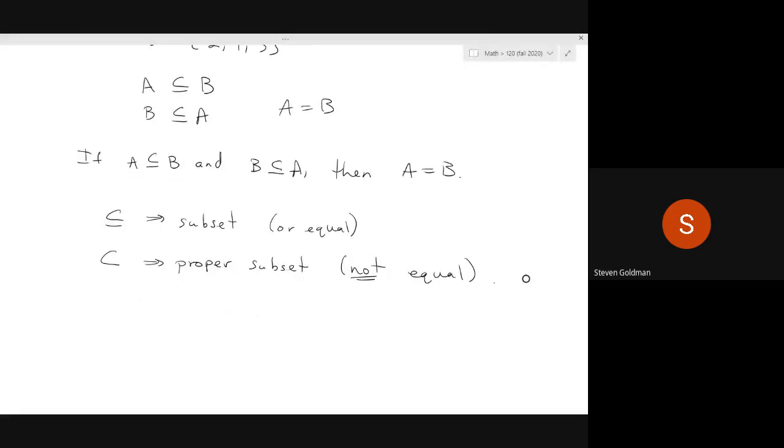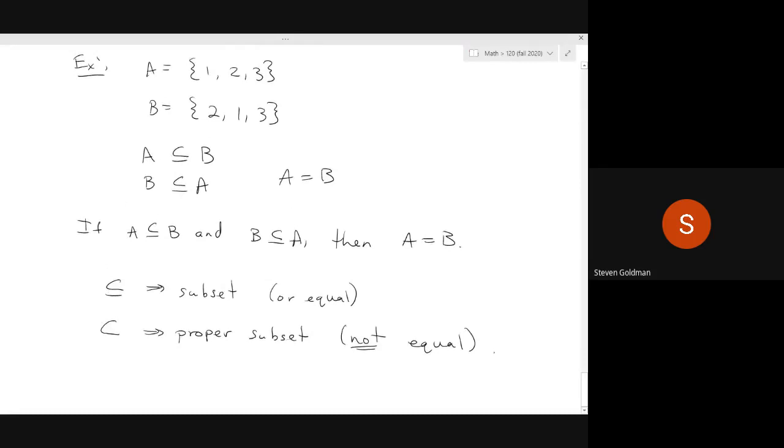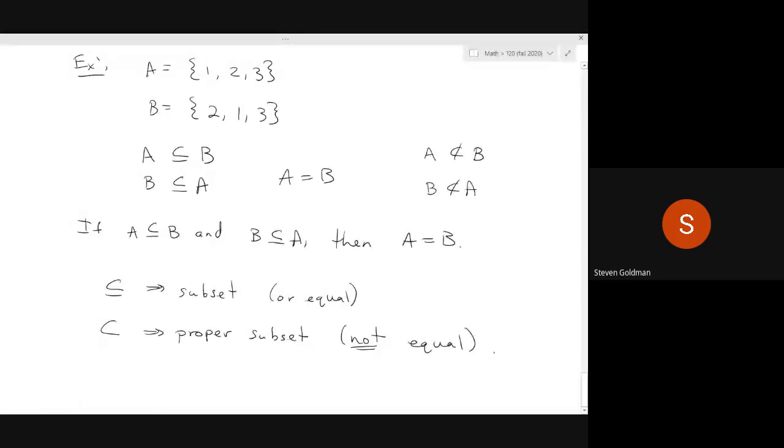If I go back to this example right above, A is a subset of B. A is not a proper subset of B because they're equal. And B is not a proper subset of A because they are equal.